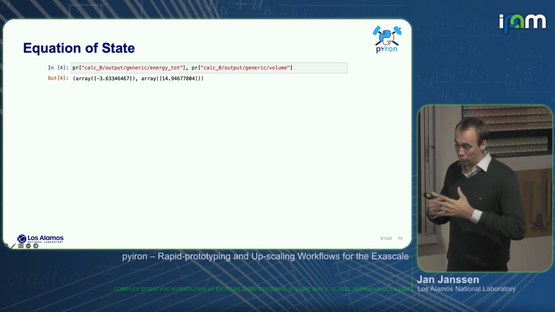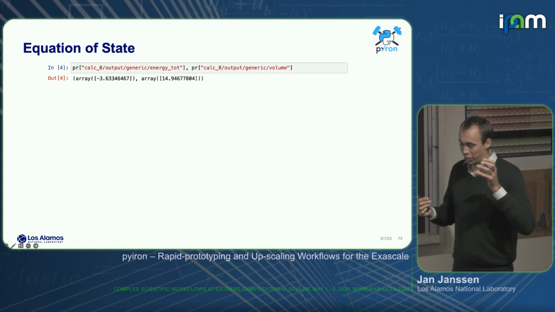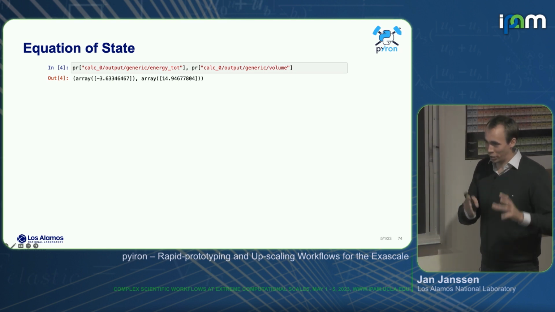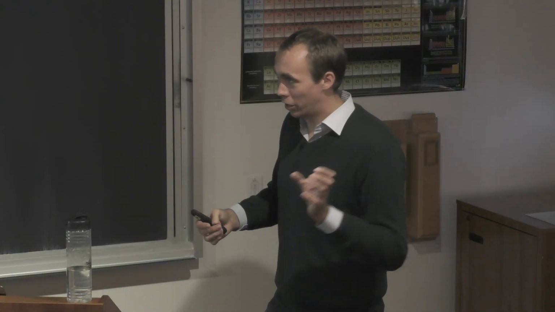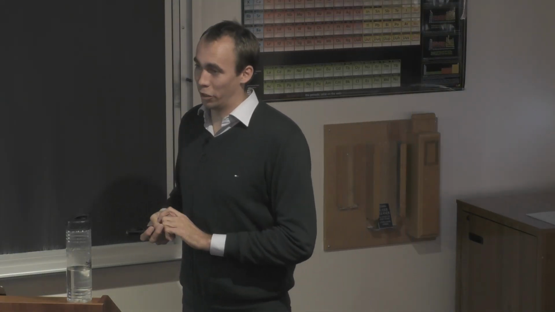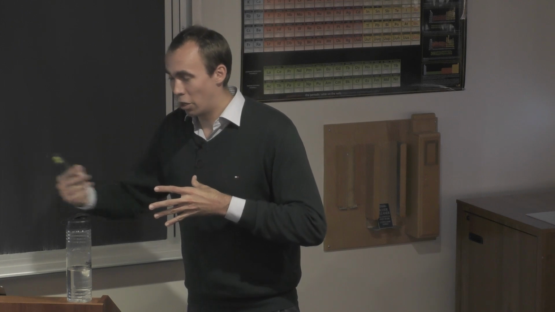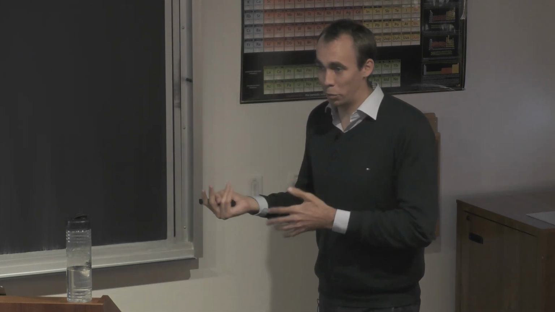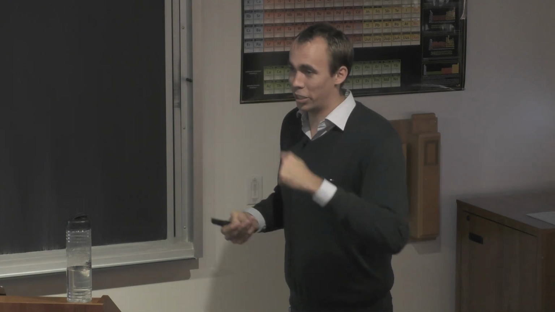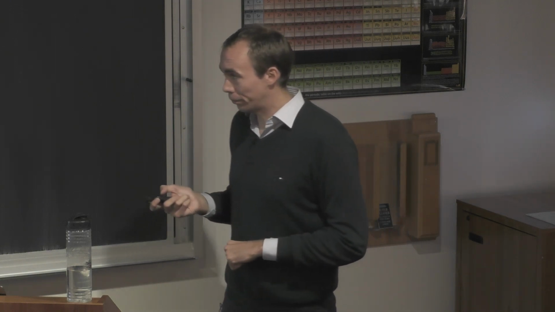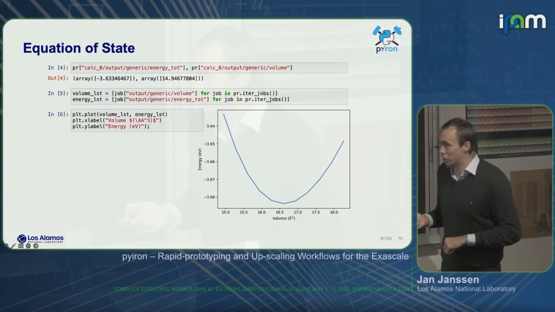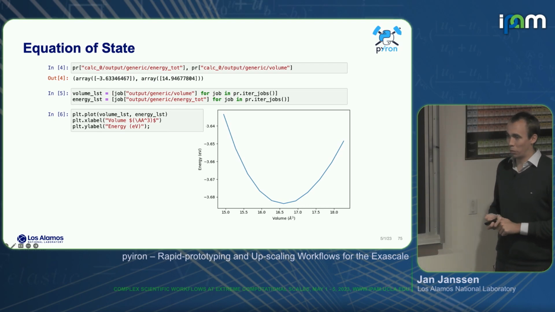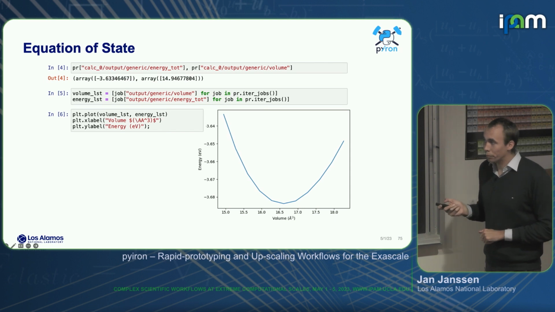So the way we think about it is like, instead of putting a NumPy array in a text file somewhere in a subfolder, we have the HDF5 files for the jobs, and then we can store the data in them much more efficiently, but still have the same kind of hierarchy of folders that is very appealing, I guess, for us as humans or as scientists to say, okay, where exactly do I expect to find the data? And we can then use this data, for example, here, I can extract all the volumes and all the energies, and then plot my first energy volume curve.